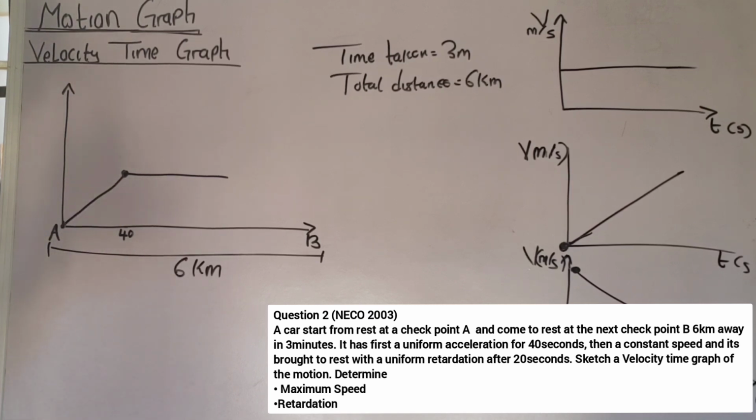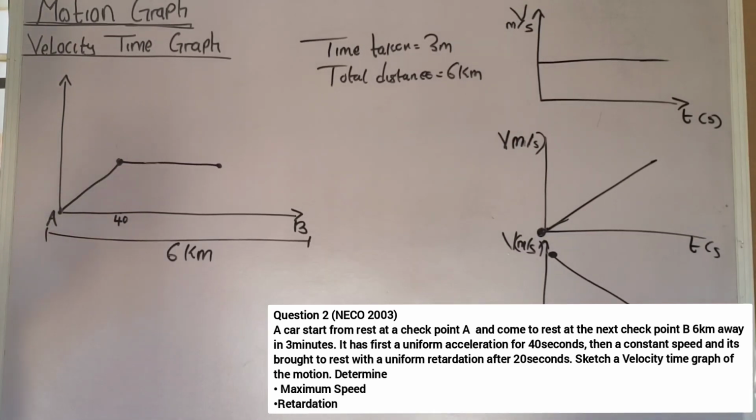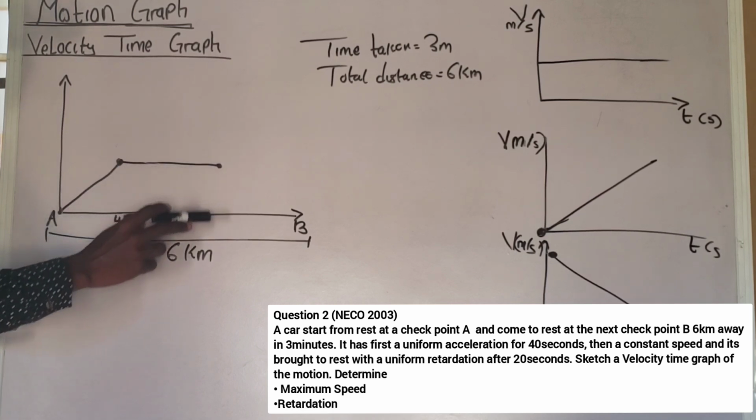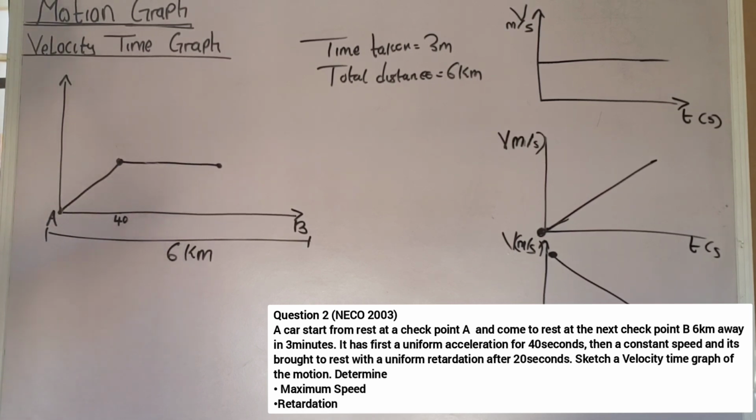And it's brought to rest with a uniform retardation after 20 seconds. That is, after 20 seconds, the object is brought to rest. Now, please pay attention. Look at that statement: then a constant speed and is brought to rest with a uniform retardation after 20 seconds. That is, after maintaining the constant speed for a particular time, the car is now brought to rest after 20 seconds.